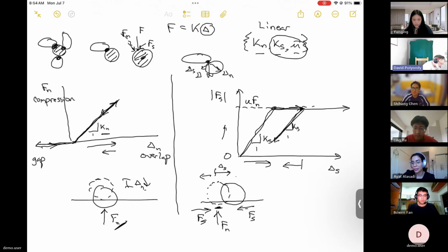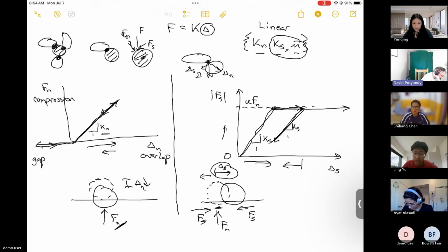Yes, so when you say load, let's be clear, you're actually saying we force it to move by delta S. We force it to move to the right. And the force keeps going, and then here we reach the limit, right? And we continue until we unload.